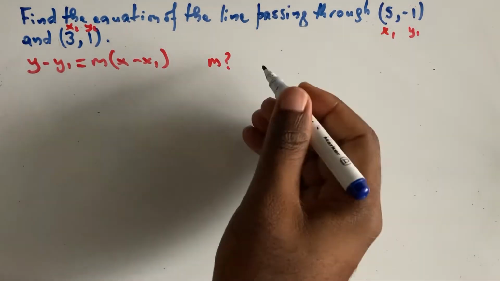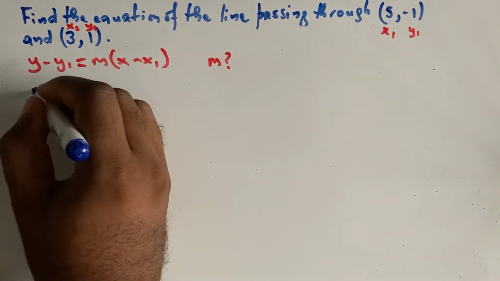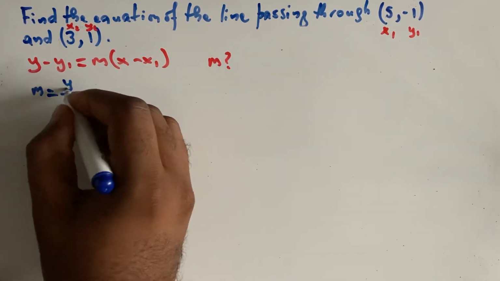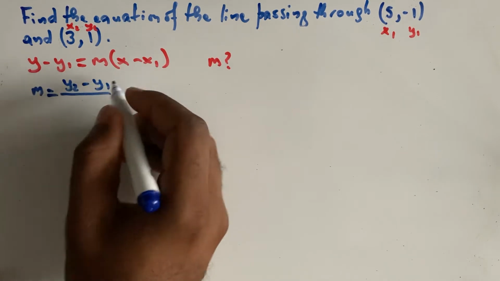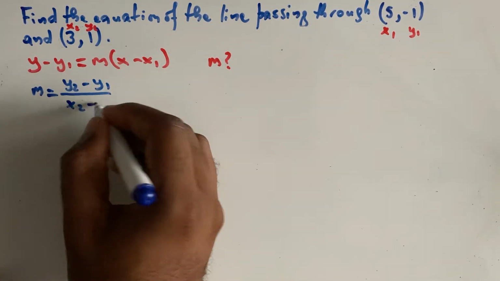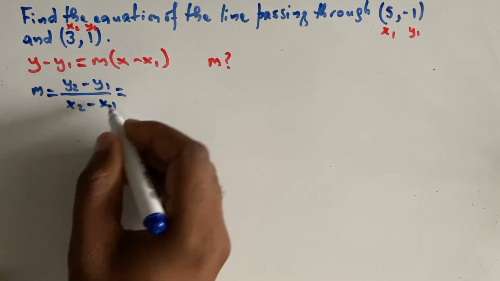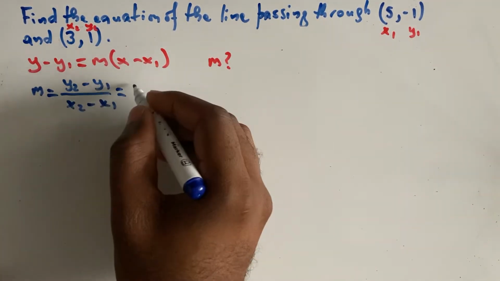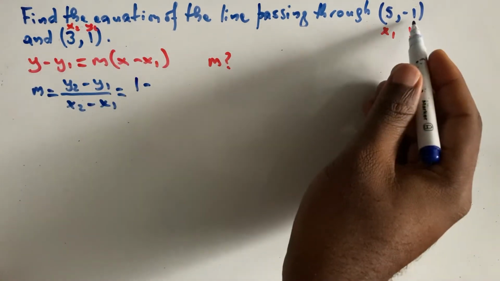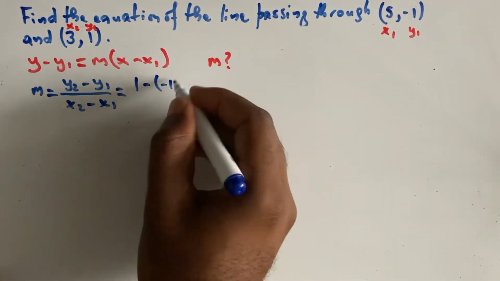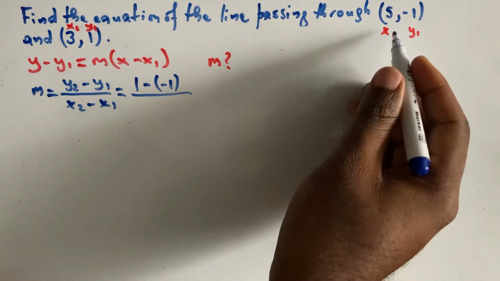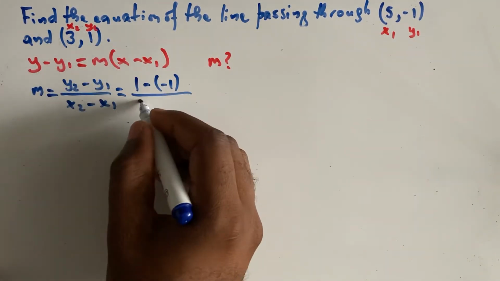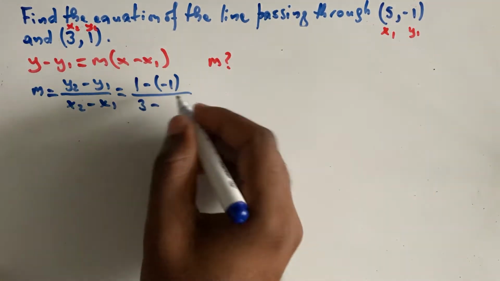We know the formula for the slope. If we have 2 points, we can find the slope by doing y2 minus y1 over x2 minus x1, and we have all of those values. So y2, which is positive 1, minus y1, which is negative 1, over x2, which is 3, minus x1, which is 5.